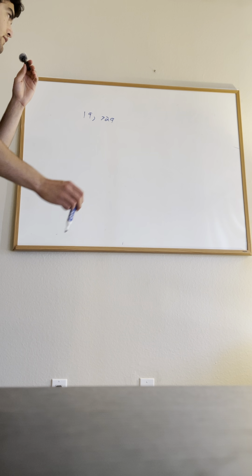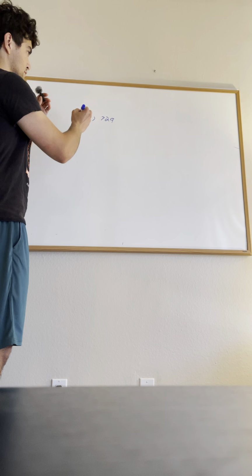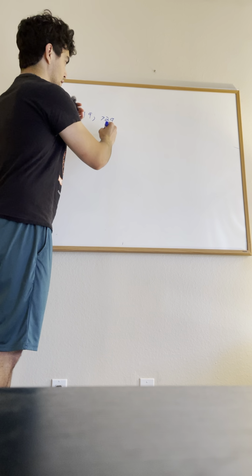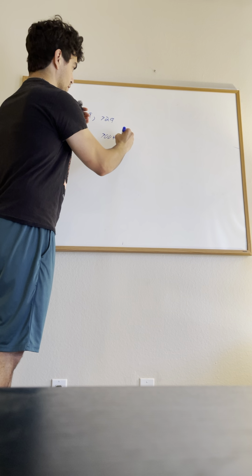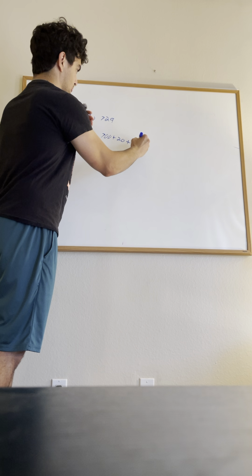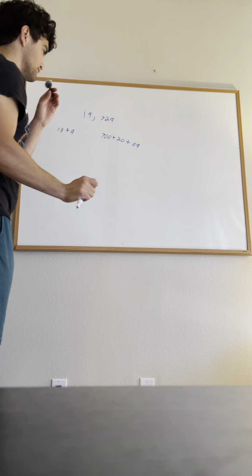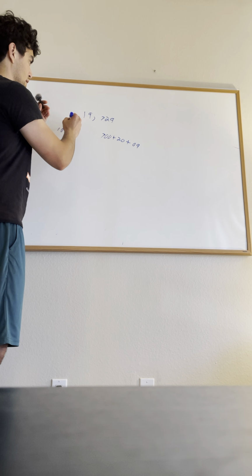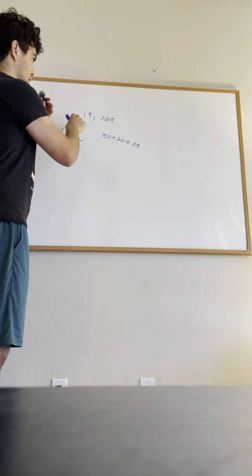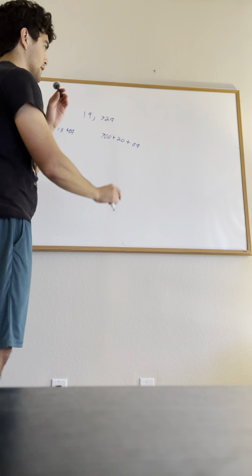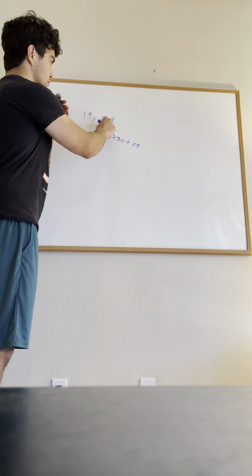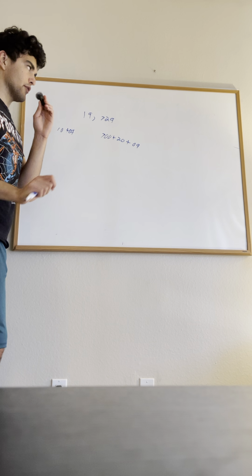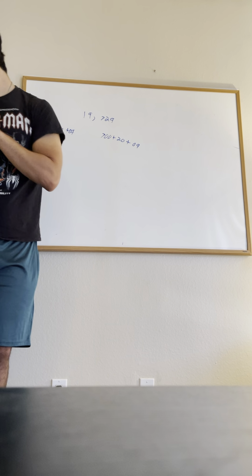All right, so we can think of 19 as 10 plus 9, or 729 as 700 plus 20 plus 9. And what we're doing is we're just adding each place together. So we add the 9 from the 9's place, the 2 from the 10's place, the 7 from the 100's place. So let's just try to formalize what's going on here.